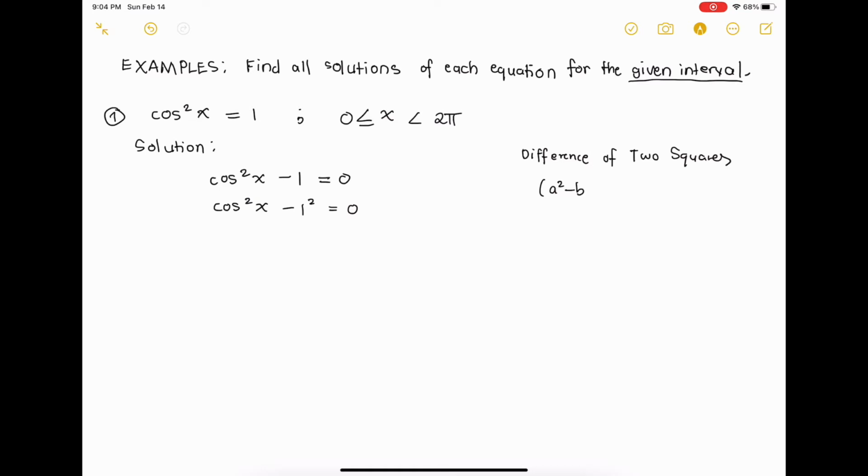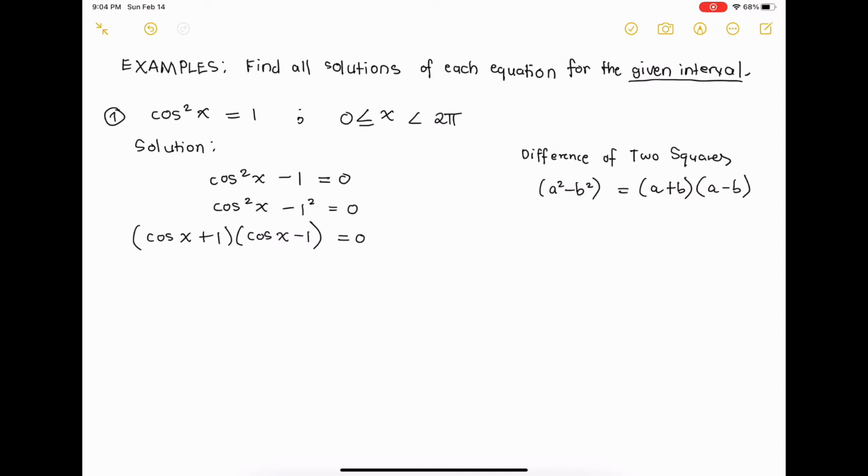Say we have a squared minus b squared. The factors are the quantity a plus b times the quantity a minus b. Applying this identity to our example, we have cosine x plus 1, that's the first quantity, times the second quantity cosine x minus 1 equals 0.